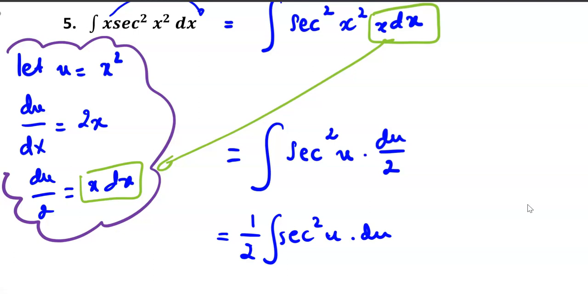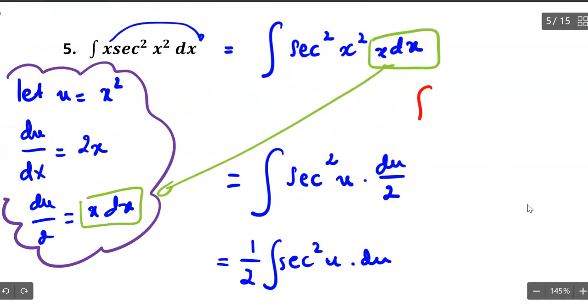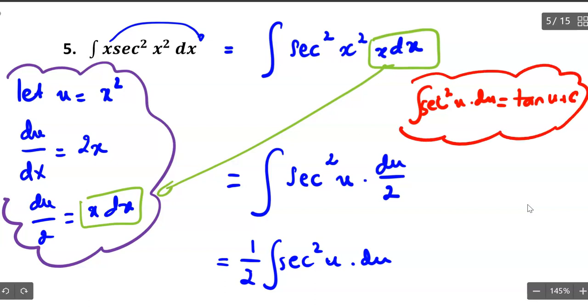What is the formula for the integral of secant square u du? It is equal to tan of u plus c. Let me rewrite this.